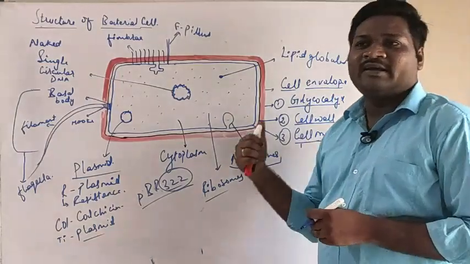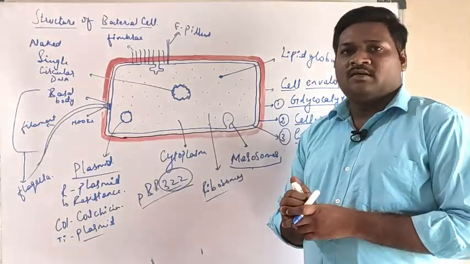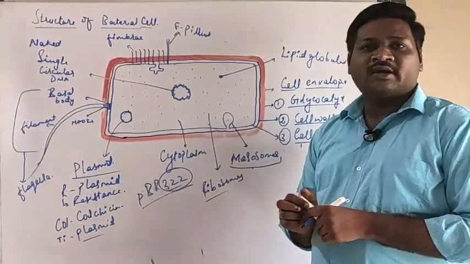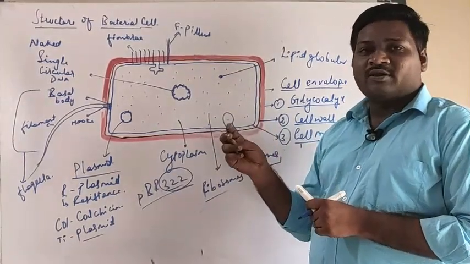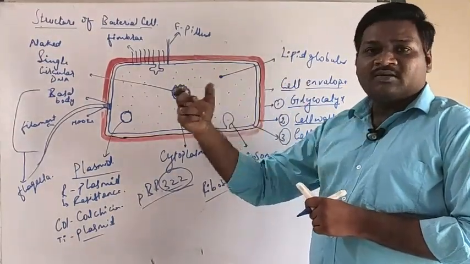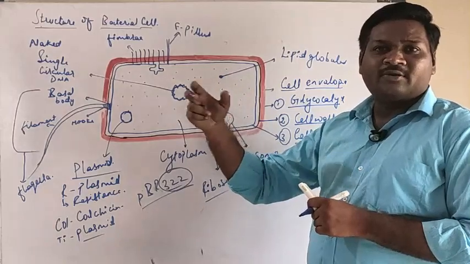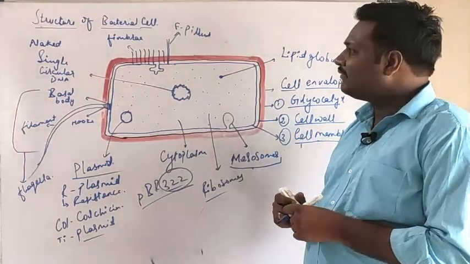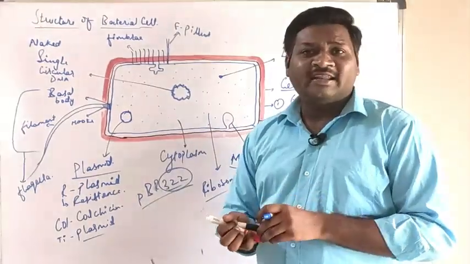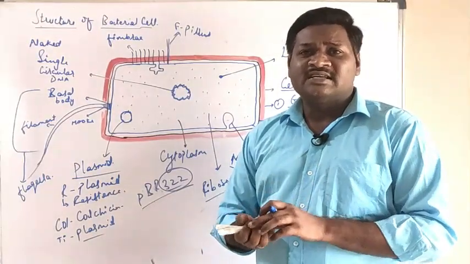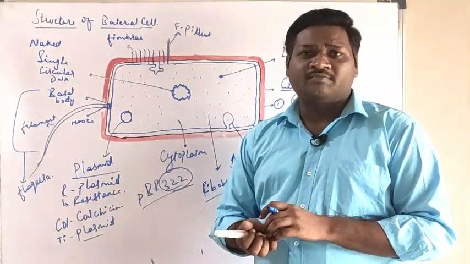I hope you are getting all this information. We will discuss the prokaryotes and their types, that is gram positive and gram negative. The difference we will see in the next part, and then we will discuss cyanobacteria, mycoplasma, rickettsia, and some other types of bacteria. Thank you.